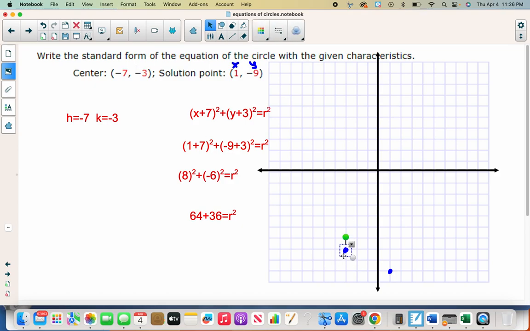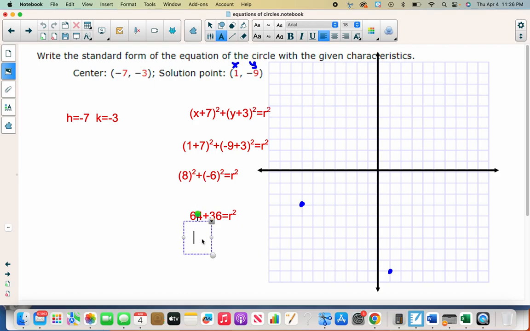So my center should be -7, -3, should be here. So now that's a lot bigger radius. My radius is going to be 1, 2, 3, 4, 5, 6, 7, 8, 9, somewhere about 9, maybe 10. I don't know, but it's going to be somewhere around that area. So that's good to know, because then when I work it out, I can see if it's close to that.